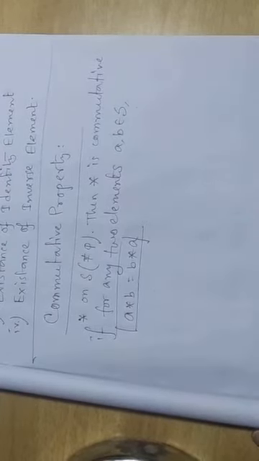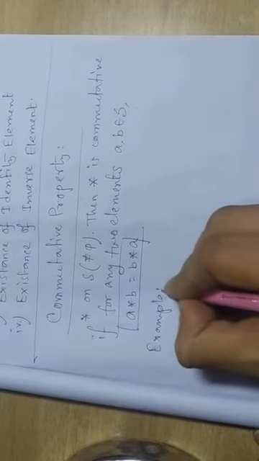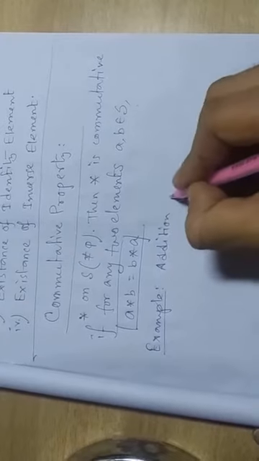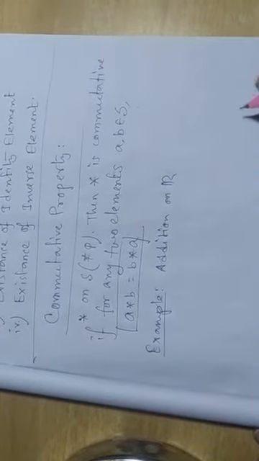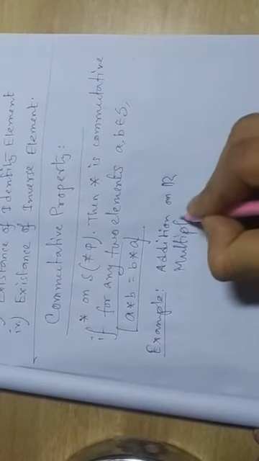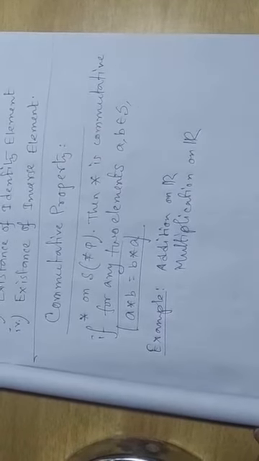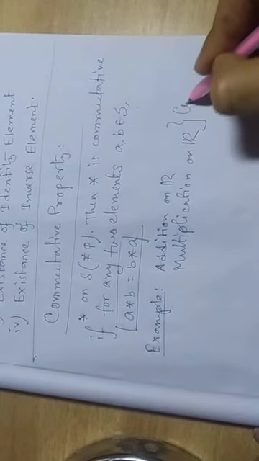For example, addition on R and all its subsets, multiplication on R and all its subsets. These are always commutative.